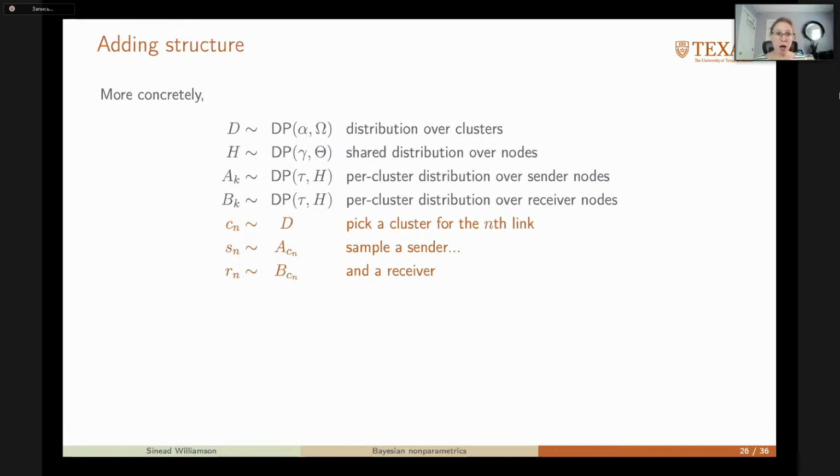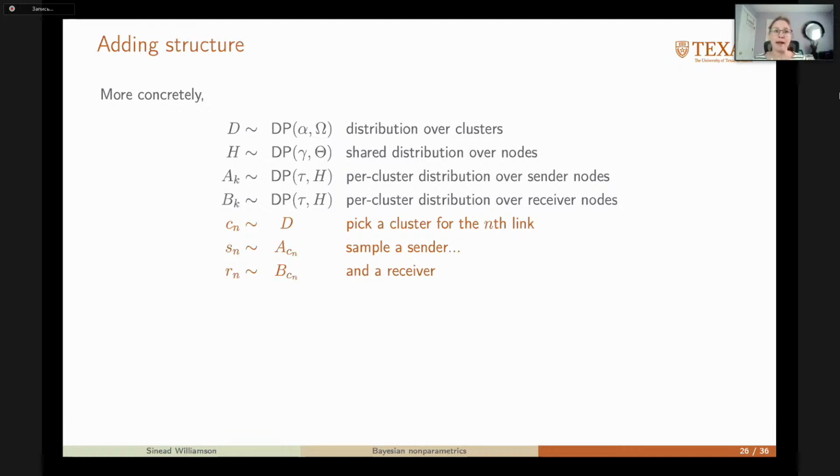And then we're going to build up a network exactly as I described. I'm going to pick a cluster from this infinite set of clusters. I'm then going to look at the sender distribution for that cluster. I'm going to pick a sender. Then I'm going to look at the recipient distribution for that cluster, and I'm going to pick a recipient.